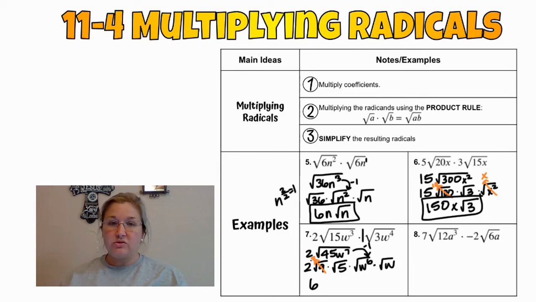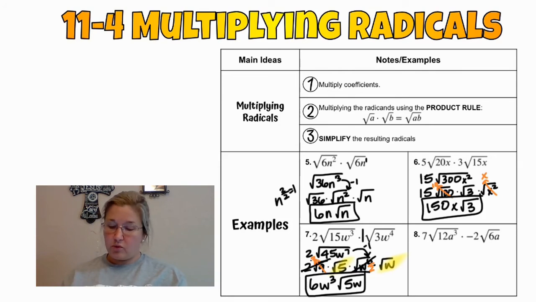Now the w to the 6th power, remember I did that on purpose, so I would take this and divide it by 2, which would make it w to the 3rd. So I'm taking care of all of those there. Now I have the square root of 5w left over. So notice that I have a 5 and a w still in the radicand, still multiplying across left here.